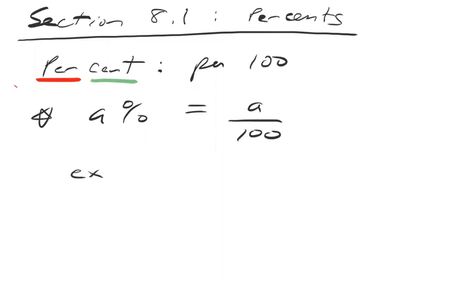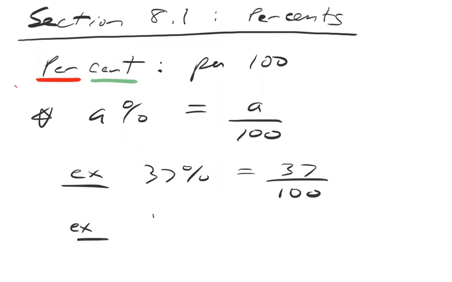So for example, if I say 37%, that means 37 over 100. That's how we change it over to a fraction. If I say 0.5%, that means 1/2 over 100. You just take whatever number you have in front of the percent and put it over 100, whether it's a whole number, a fraction, or even a decimal.